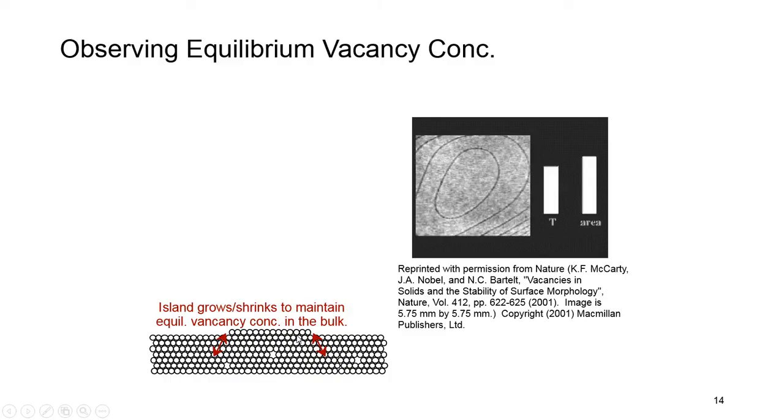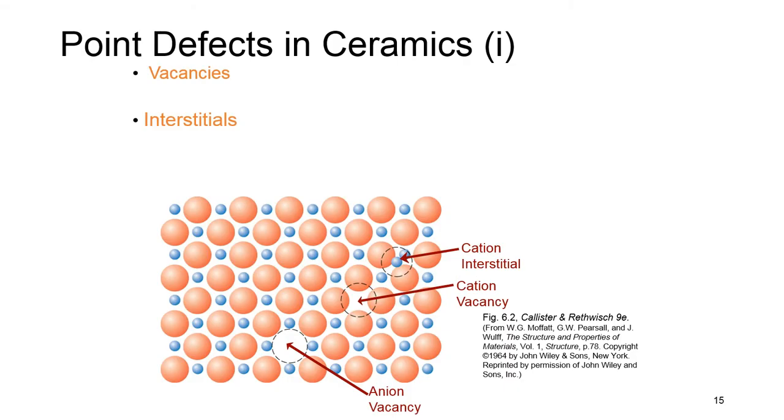If you look at the point defects in ceramics, we see vacancies exist in ceramics for both cation and anion, as you can see here. This is an anion vacancy and this one is a cation vacancy. Cation is the blue atoms and anion is the orange one.